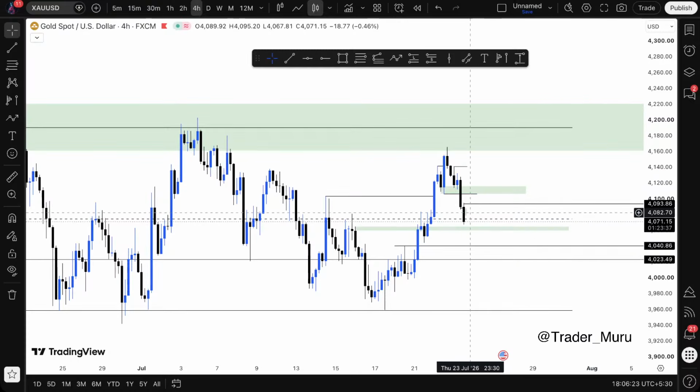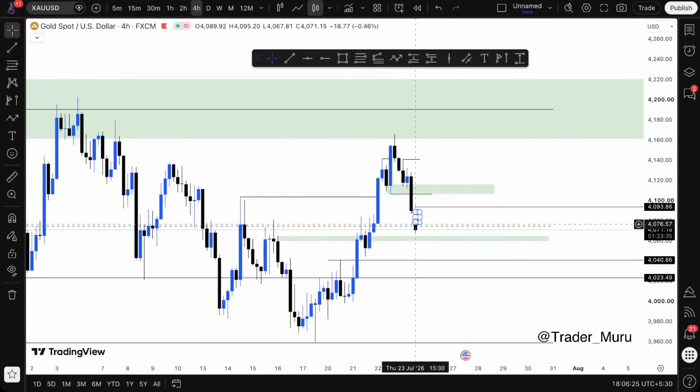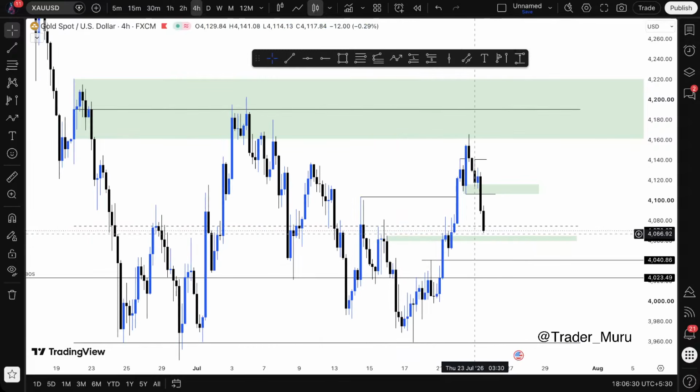Still have 1.5 hour for this 4-hour closing. Let's wait what we have. If we get close somewhere here, then on the next candle we will expect some retracement and then drop. Price going for our daily time frame area.